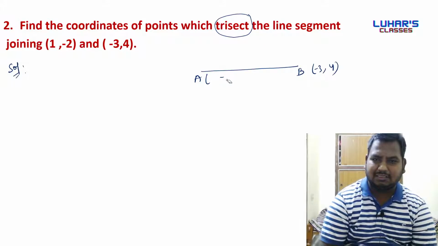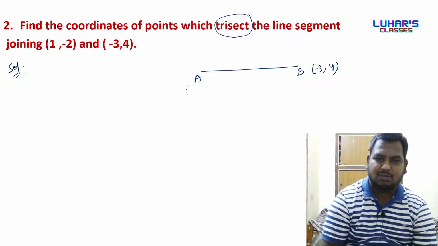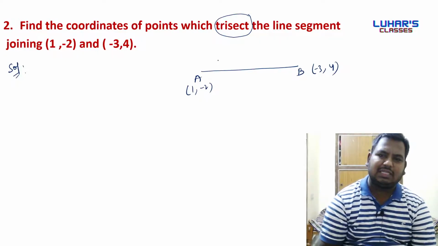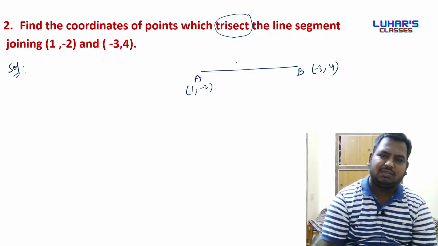So let me write this thing neatly. This is 1 comma minus 2. So we need 2 points to divide the line segment AB into 3 equal parts.